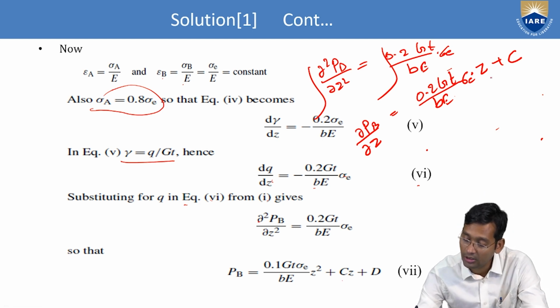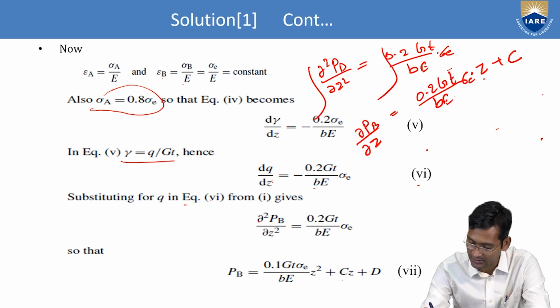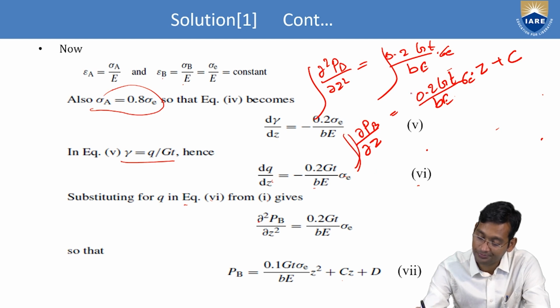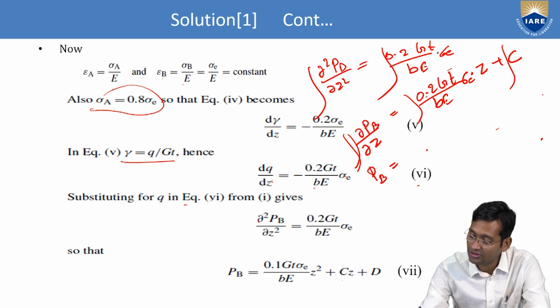Now from here, next time if you integrate again, after integrating we will get PB equals 0.2 GT by BE, sigma E is constant.